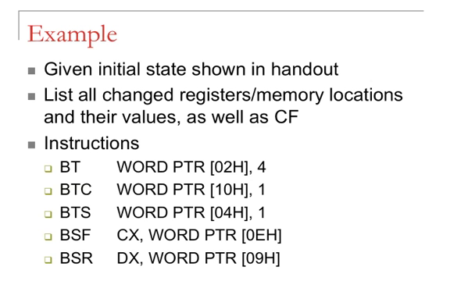So assume we have 2110 in DS, the data segment register, and also on the board I give you the initial values of certain memory locations. The way I represent these values is that parentheses indicate at that physical address we have a word, and the value of the word, for example in this case at address 21102, in hexadecimal, we have a word that is 1010.